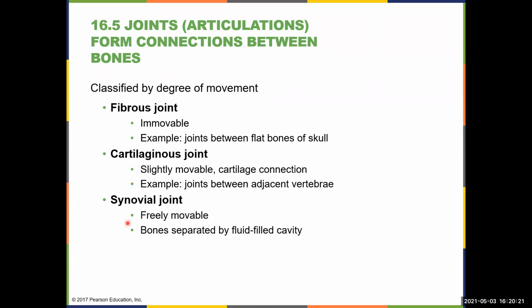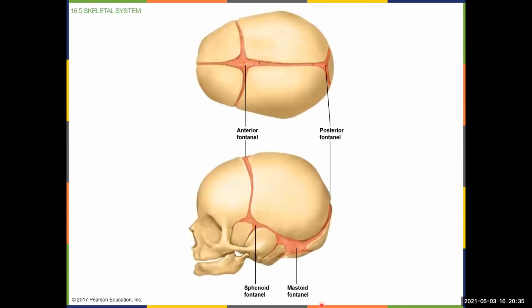The third type of connection is a synovial joint. This is freely movable, and it's bones that are separated by a fluid-filled cavity, like your elbows and your knees. Here we have an image of the fibrous joints.